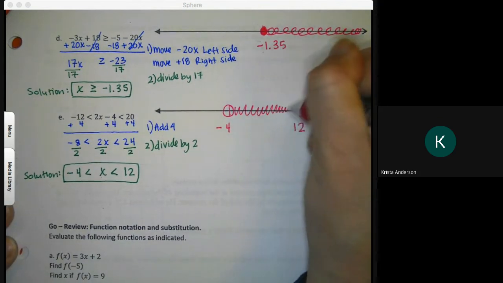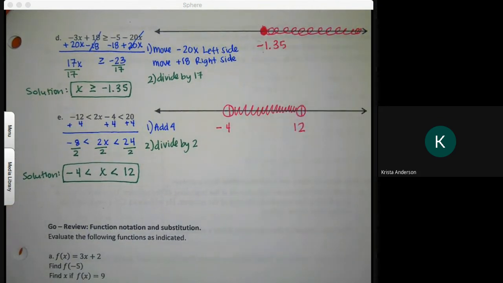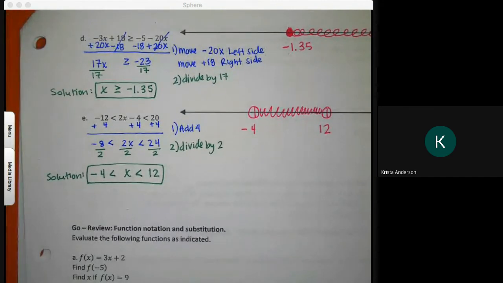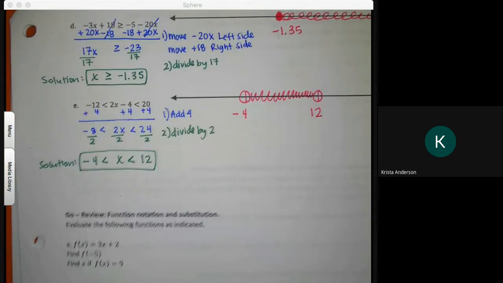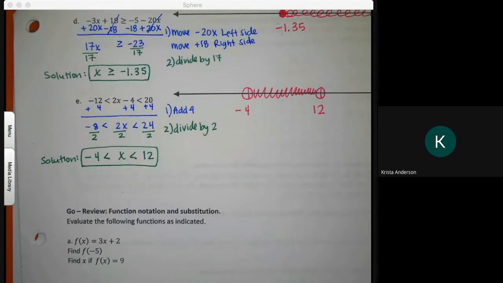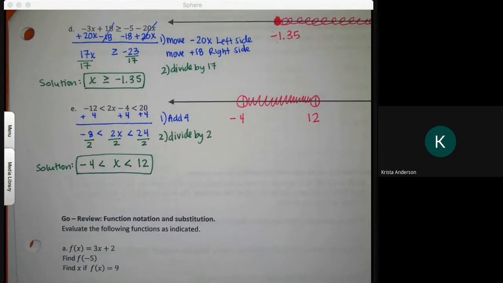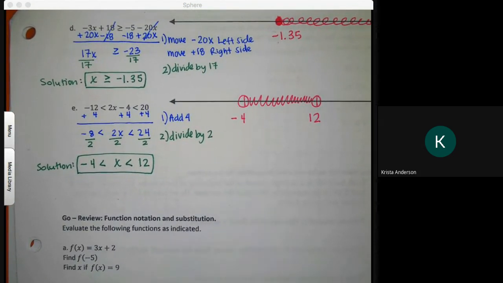Between. In the middle. Any questions on solving and graphing inequalities?